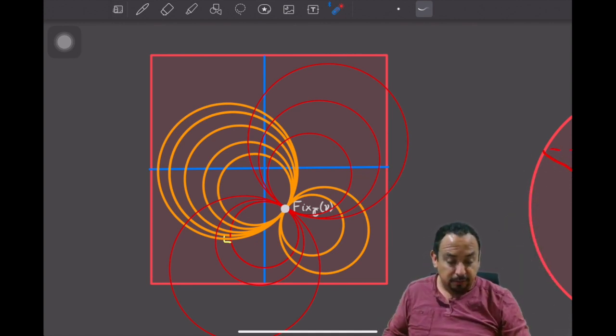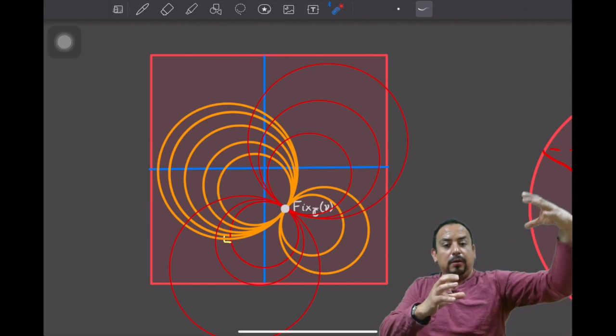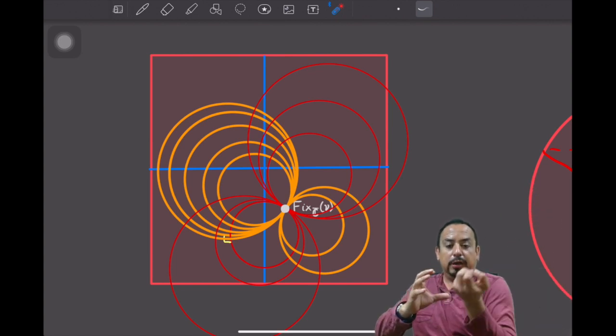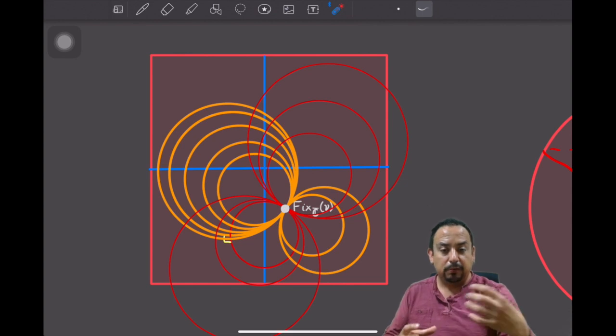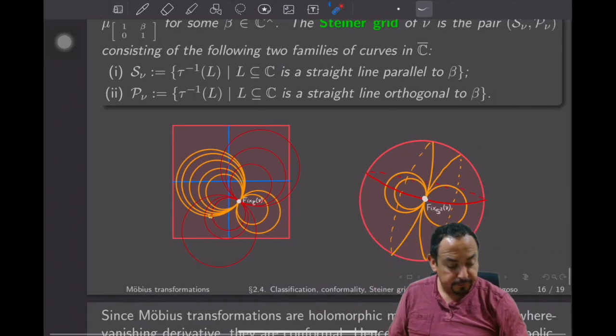So that's why these go opening and then coming back on the other side and closing on the other side.